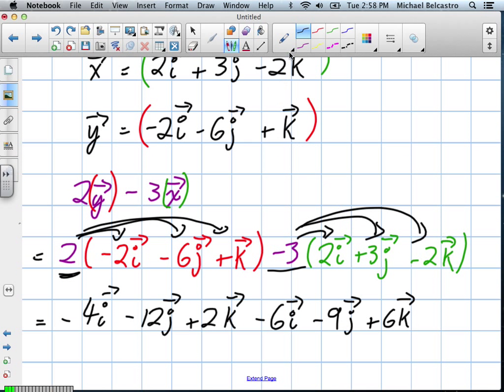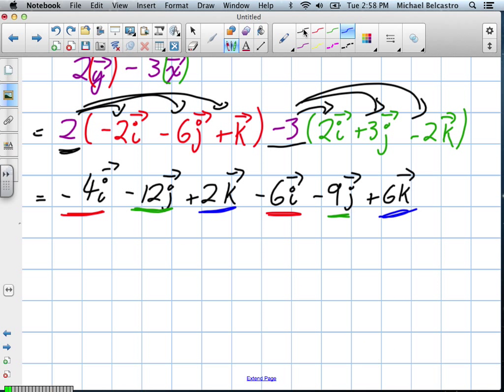Now I'm going to collect my like terms: these are my 2 i vectors, these are my 2 j vectors, and these are my 2 k vectors. Negative 4 and negative 6 is negative 10 vector i. Negative 12 and negative 9 is negative 21 vector j. And 2 and 6 is positive 8 vector k.